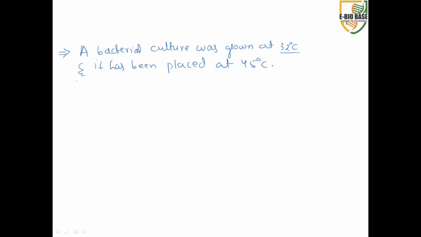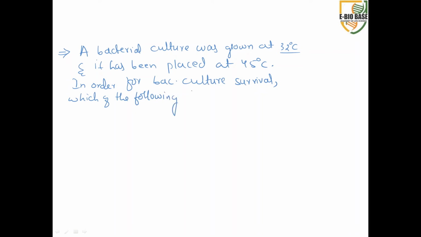In order for bacterial culture survival, which of the following options are true? The bacteria was grown at 32 degrees Celsius and placed at 45 degrees Celsius.